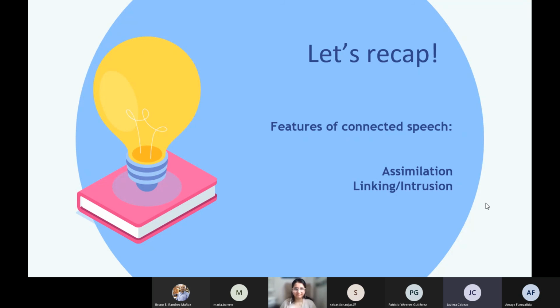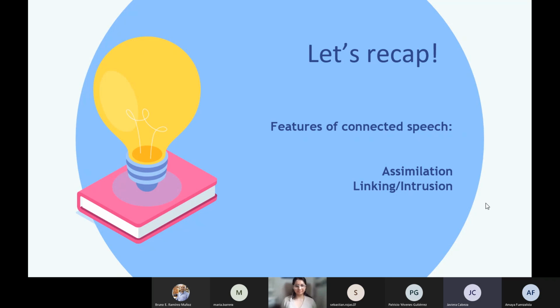But there's a high probability when the speaker speaks quite fast, because the tongue needs to get ready for the next sound, that the sounds are linked whether the speaker wants to or is aware of it or not.